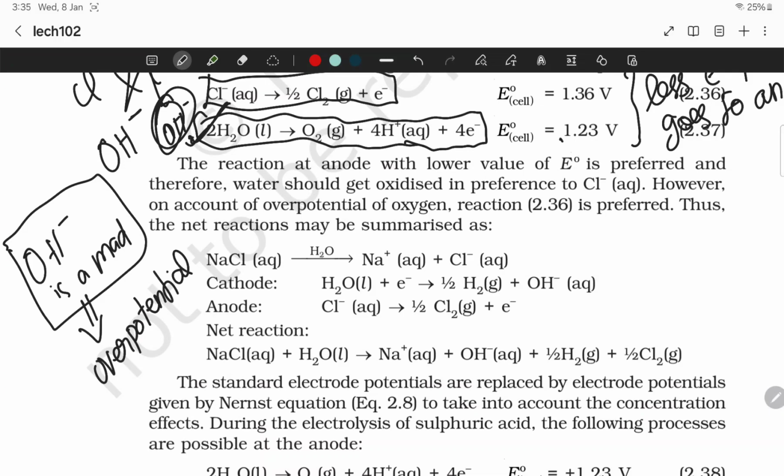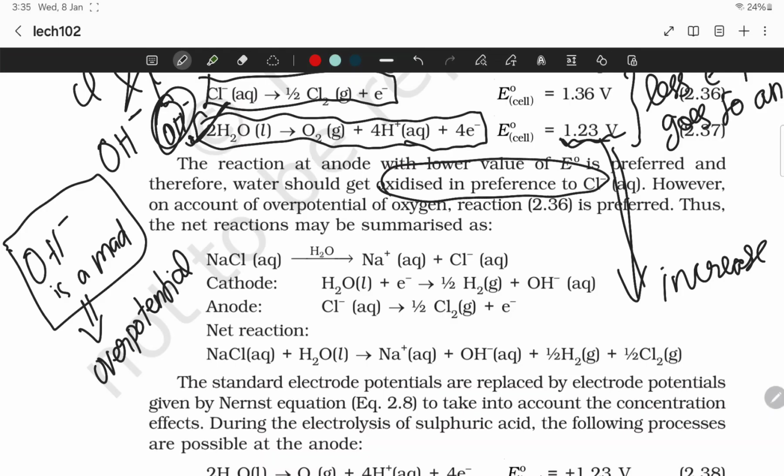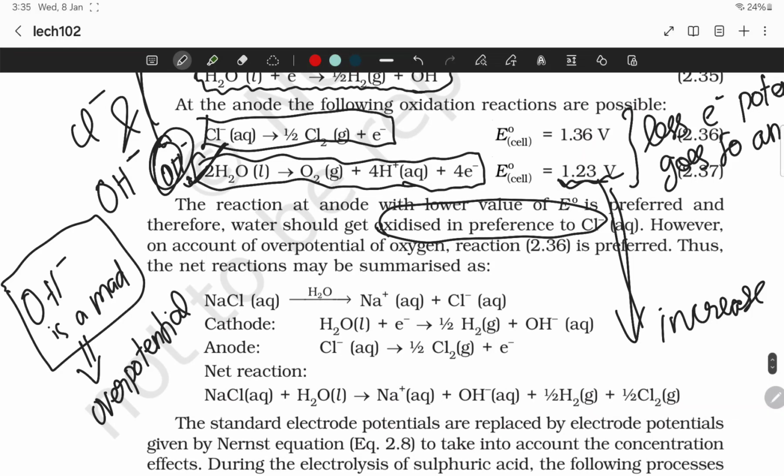Due to overpotential, this value of 1.23 will increase. Therefore the value goes beyond 1.36 volt. Therefore chlorine gets oxidized. Due to the overpotential of oxygen, this reaction is preferred. Therefore Cl- gets oxidized, not OH-.